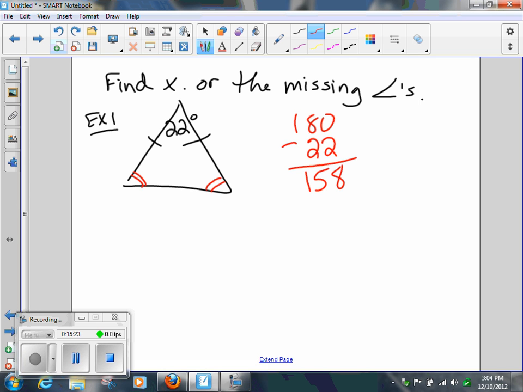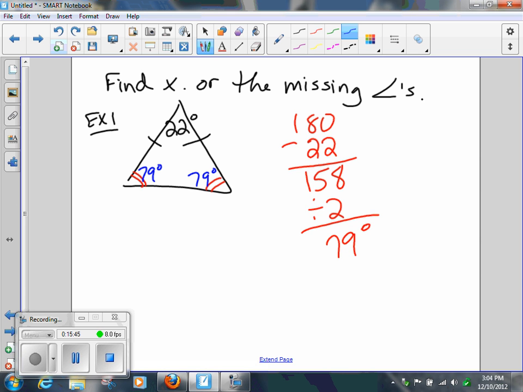What are we going to do with 158, y'all? Why are we dividing by 2? Because there are 2 congruent angles, right? 158 divided by 2 is 79. Those are your missing angles, folks. 79 degrees. Isn't that kind of neat?